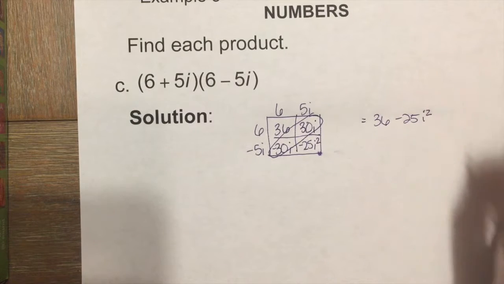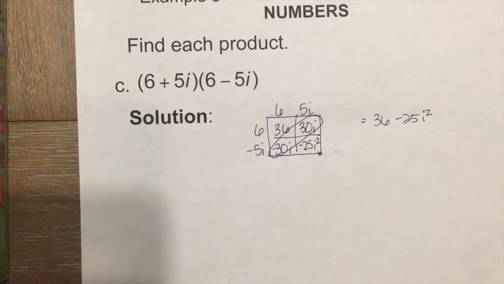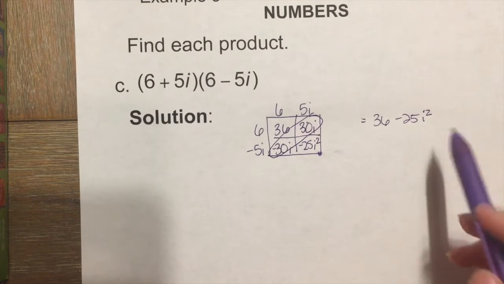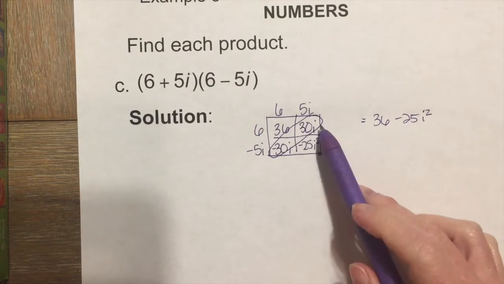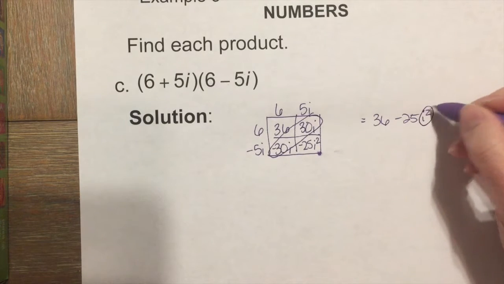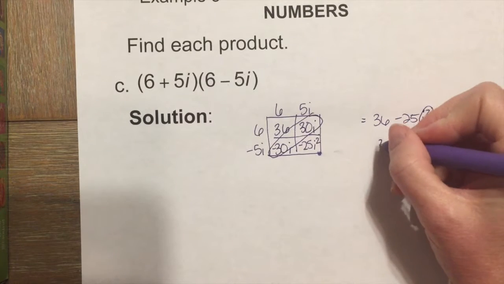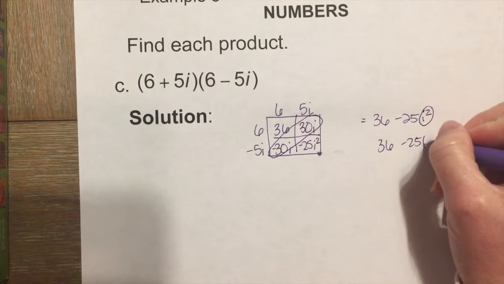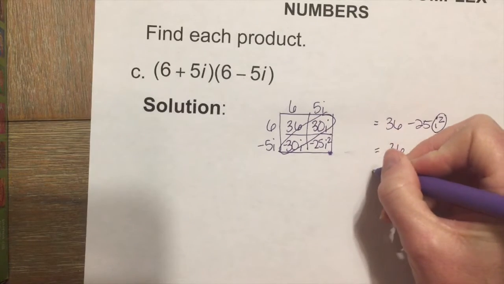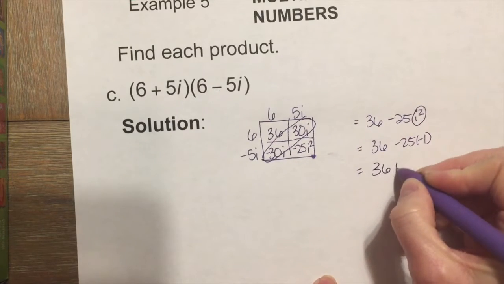So this is equal to 36 minus 25i squared. This is where the interesting thing happens with complex conjugates. Since my i terms canceled and I have an i squared, I know that's negative 1. So this is really 36 minus 25 times a negative 1. So it's really 36 plus 25.